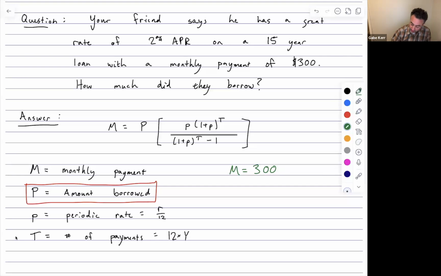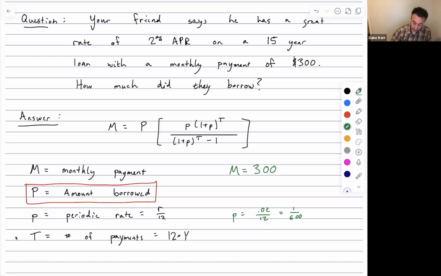So we have that p is equal to 0.02 divided by 12, or if you want, 2 over 100 divided by 12, so 1 over 600. I'll leave that in fraction form. The reason is I'm going to put that into the formula in a minute, and it'll be a little easier to leave it in that form.